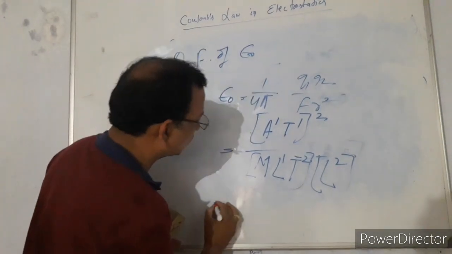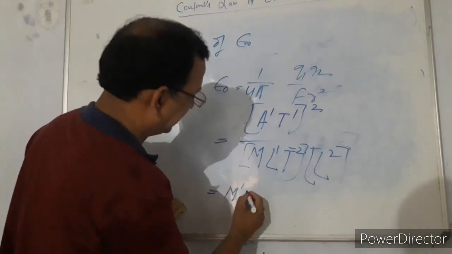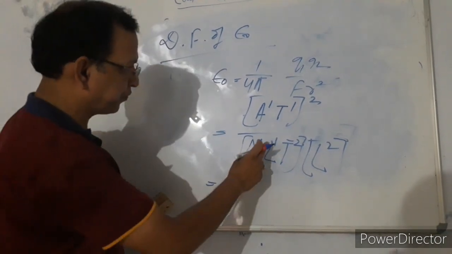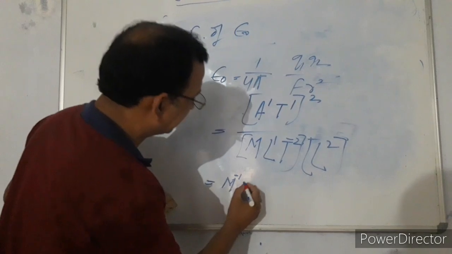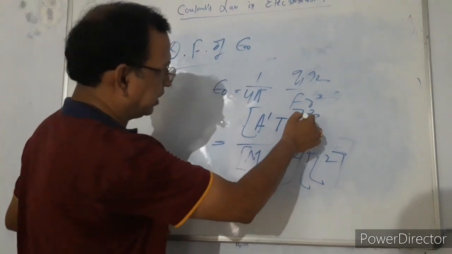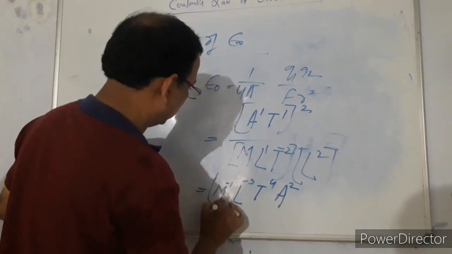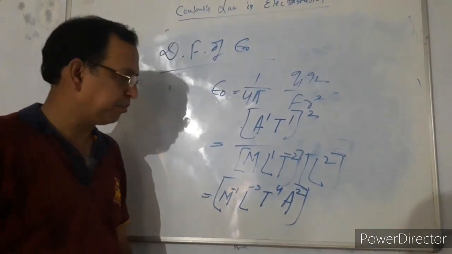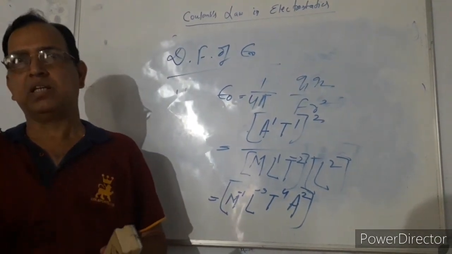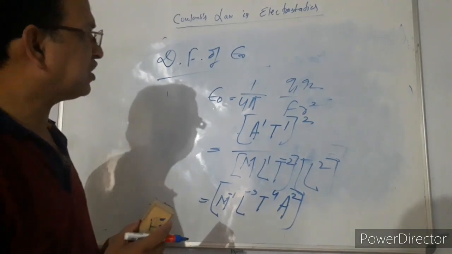That is equal to M minus 1, L minus 3, T to the power 4, A square. It is the dimensional formula of epsilon naught, that means permittivity of free space.